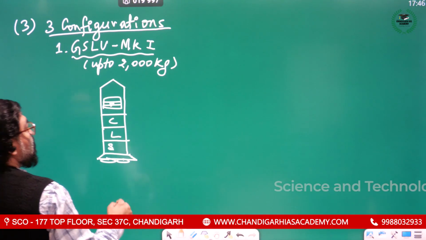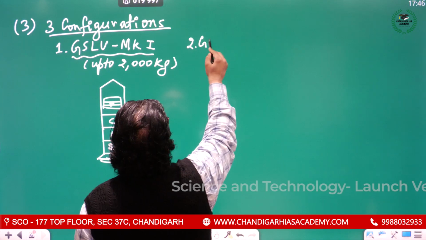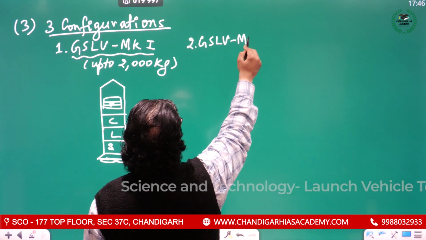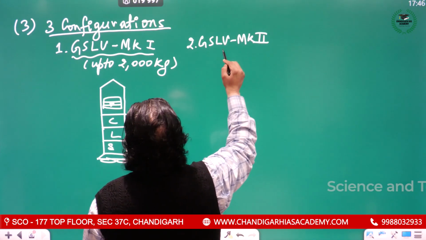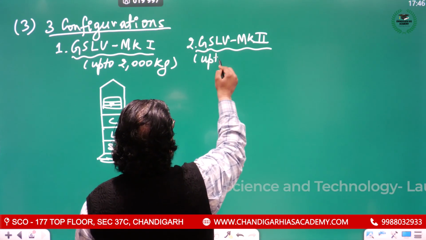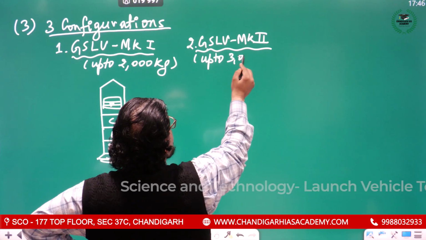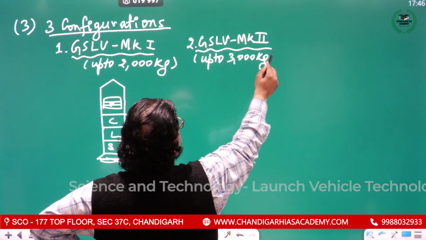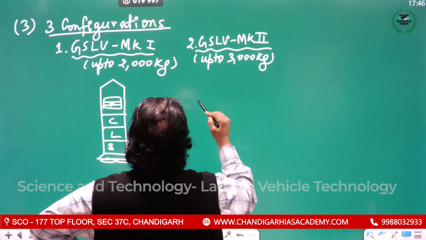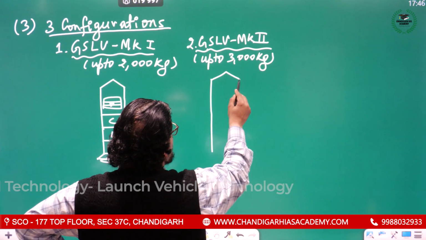Right? Now what is second here? Second we have Mark 2. Here up to 3,000 kilogram, but actually 2,500 kilogram, though I'm writing here a maximum of 3,000 kilogram. Now what is the design aspect here?